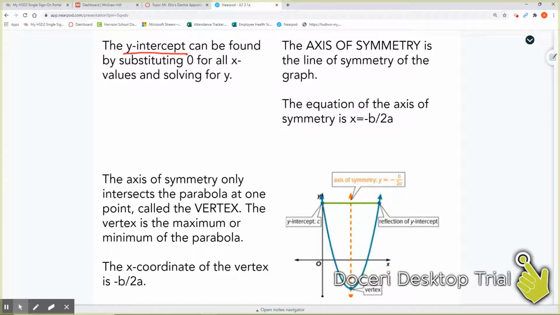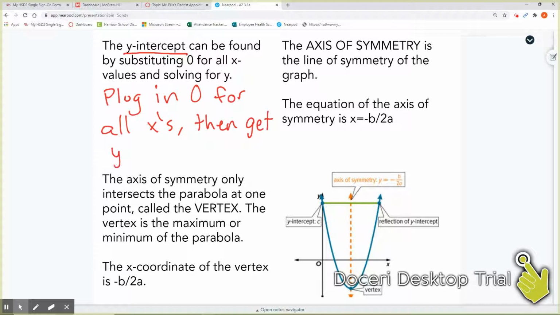which can be found by substituting 0 for all x values and then solving for y. So they'll give you an equation. If you plug in 0 for all x's, then get y alone.